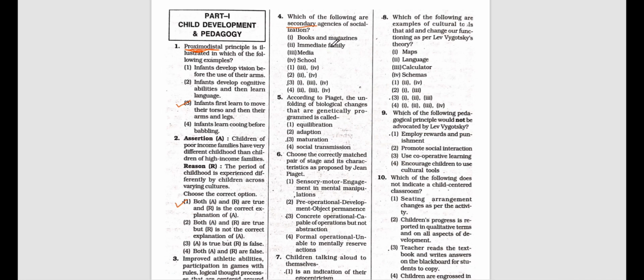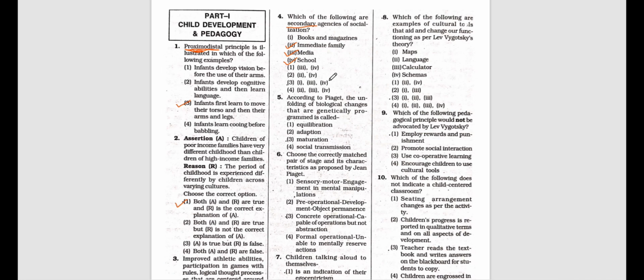Here, immediate family is fine, media is fine, and school is also fine. So these 3 act as the secondary agencies of socialization.